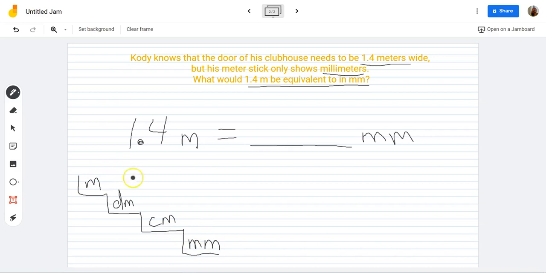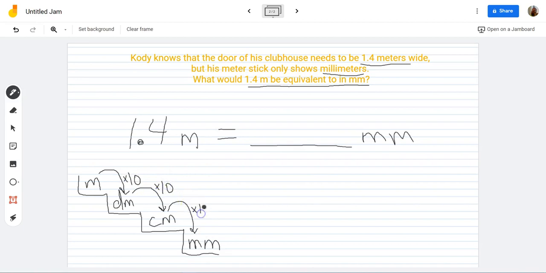So because I'm going down the staircase, I know I need to move my decimal to the right. Well, how many places am I going to move that decimal to the right? That's how many times I need to go down the staircase. So if I'm starting at meters, I'm going to go down the staircase 1 time, 2 times, 3 times. So that's 10 times each time.